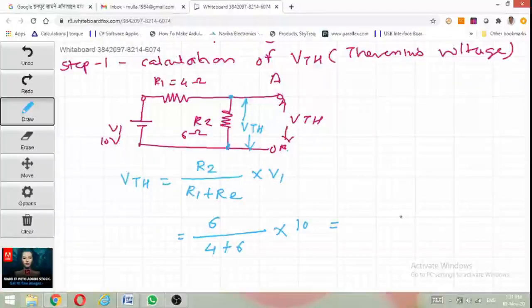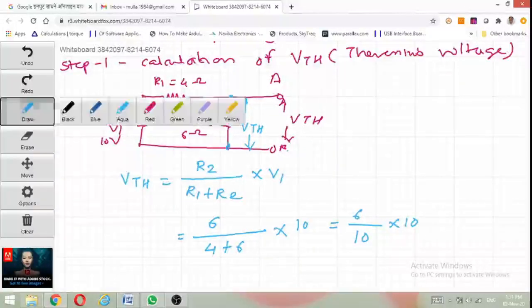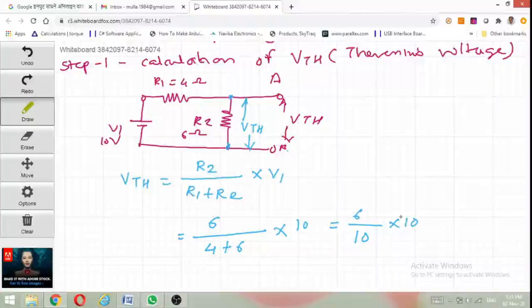It becomes 6 divided by 10 multiplied by 10, then cancelling this and this, it becomes 6 volt.